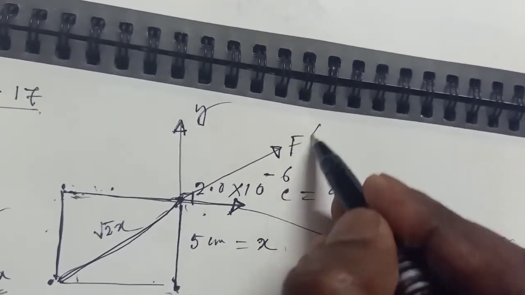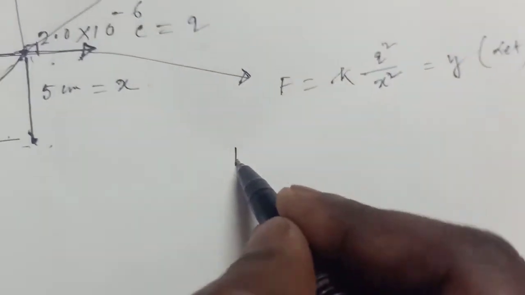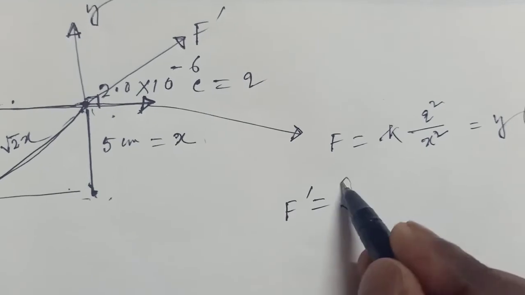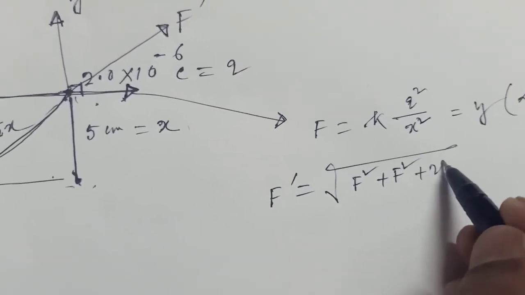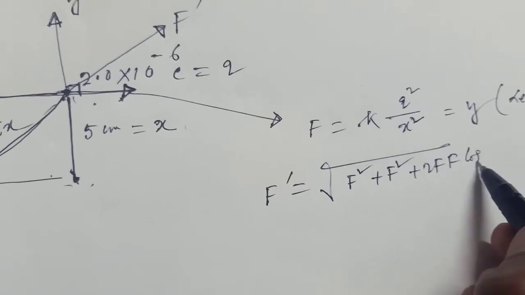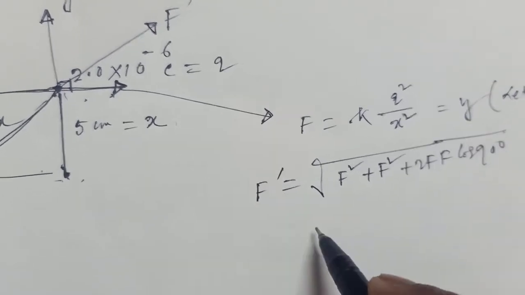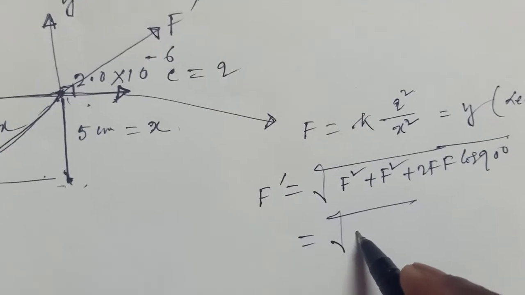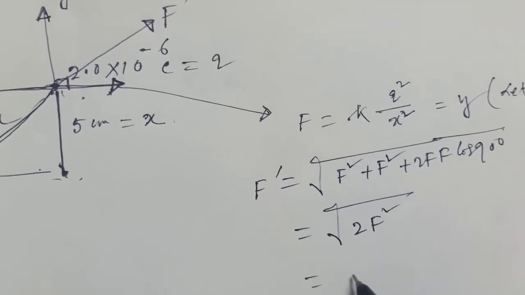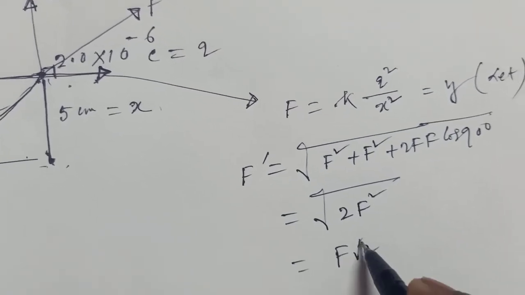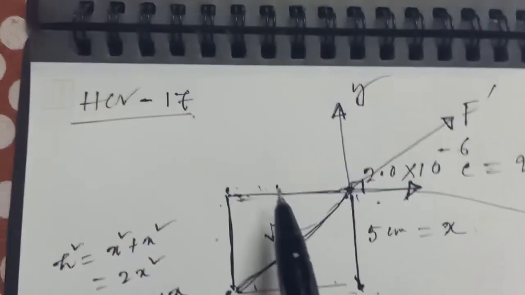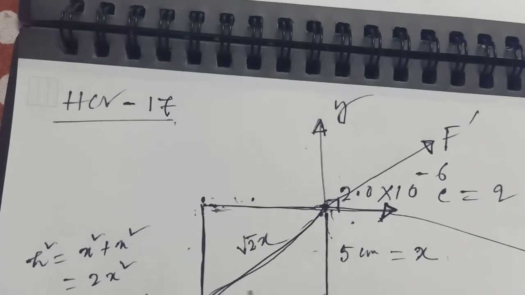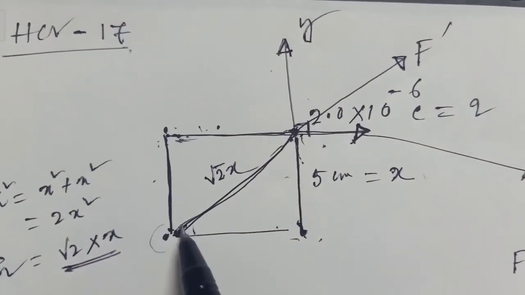if F dash is the resultant force, then F dash equals root under of F square plus 2F square cos 90 degree. So cos 90 equals 0, then root under of 2F square means F root 2. So F root 2 is the resultant force between these charge particles, and another charge is given here.